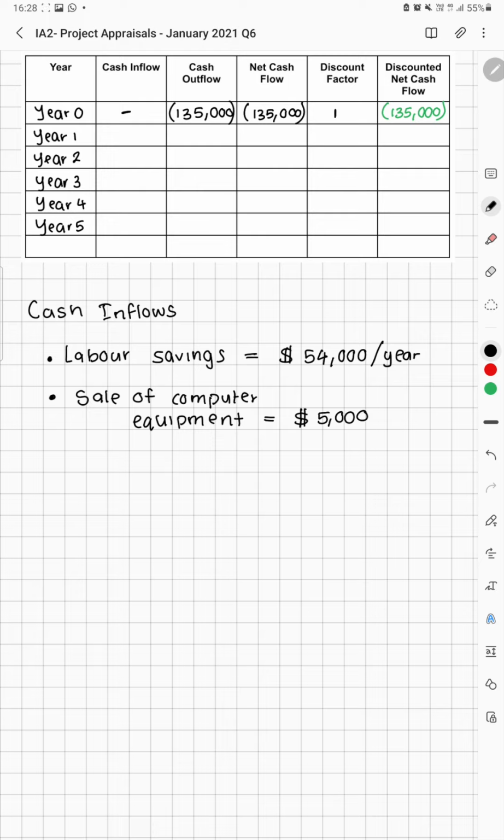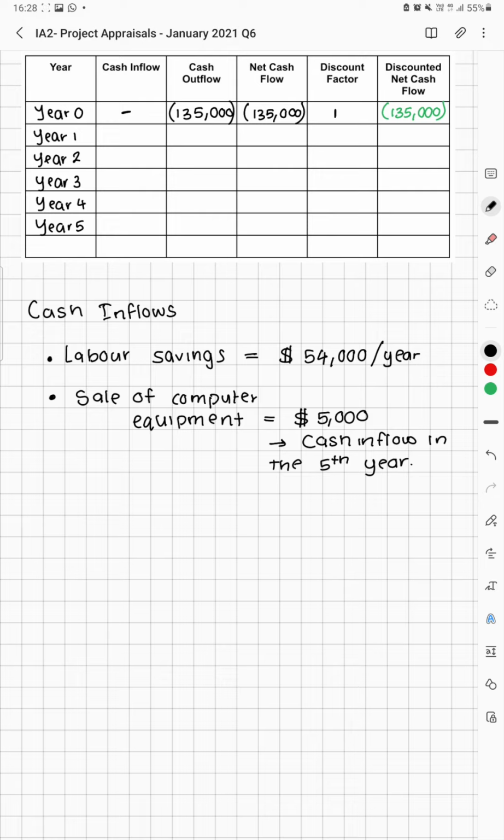The 5th year, so it will be a cash inflow in the 5th year. Then we have depreciation using the straight line method, with extra cost each year including depreciation.